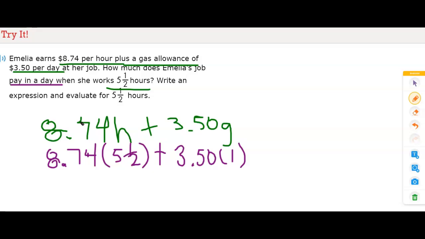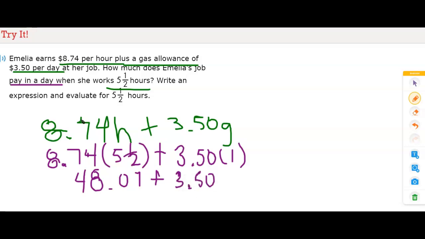So $8.74 times the 5.5 will equal 48 and 7/100 plus $3.50.